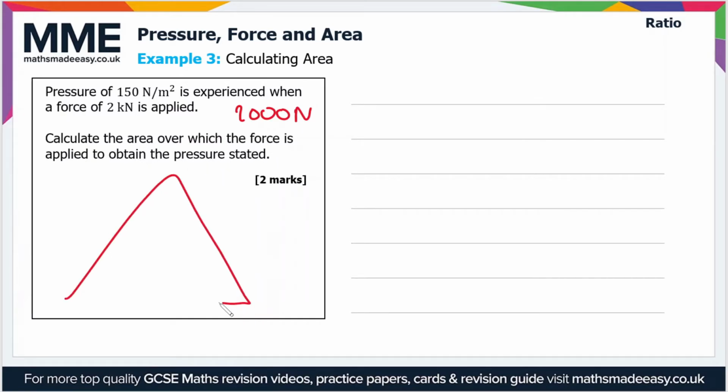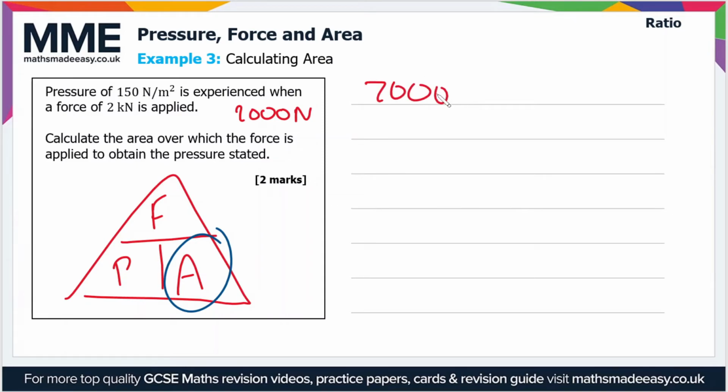So once again, we'll draw the triangle. So pressure is force divided by area, and this time we're calculating the area. So that's the force divided by the pressure. So if we've got a force of 2000 newtons and a pressure of 150 newtons per metre squared, so that's newtons divided by newtons per metre squared, then that's going to give us our area.